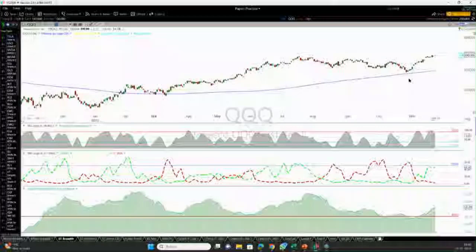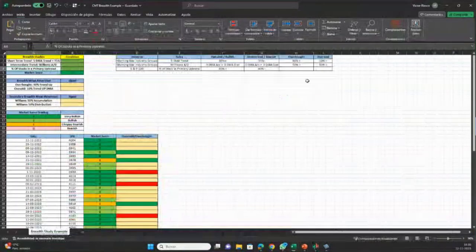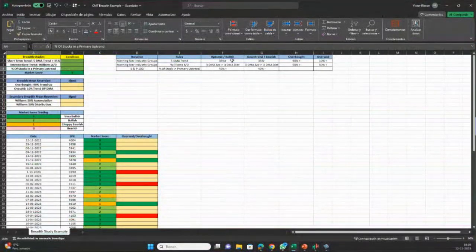So by looking at each of them as a level that triggers them as bullish or bearish. As I said, 35% of stocks above their 5-day moving average is positive, below is negative, overbought when we reach 90% plus, oversold below 10%.